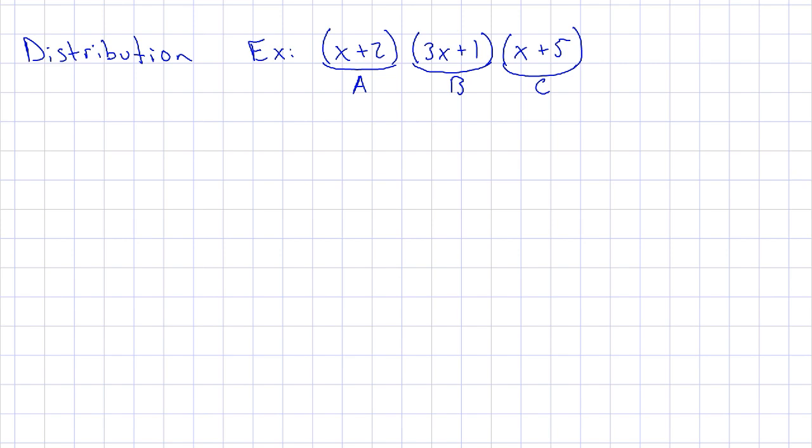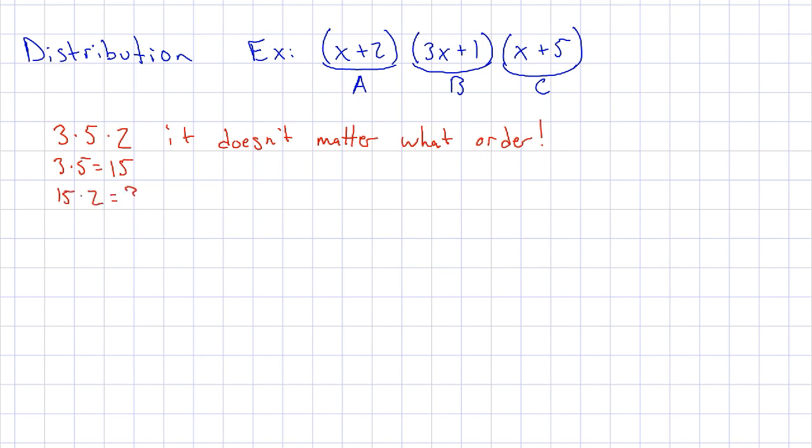So in the same way that, let's do a side note here, 3 times 5 times 2, it doesn't matter what order we write them in. If I do 3 times 5, that's 15, and then I multiply 15 times 2, that's 30.